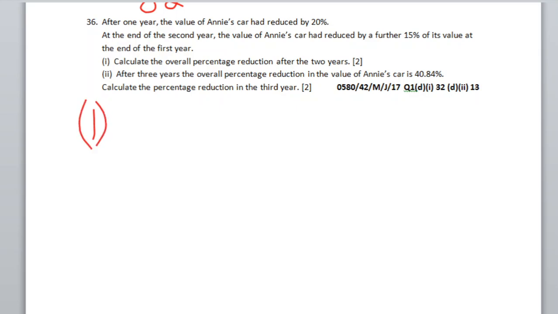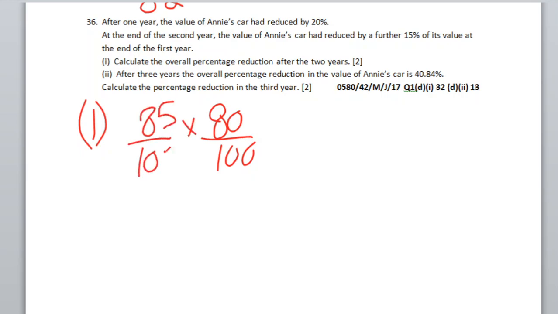So for that, in the first year the price reduces by 20%. That means we're left with 80% of the original value, right? And then at the end of the second year, the value of the car had reduced by a further 15%. That means we're left with 85% of that value.